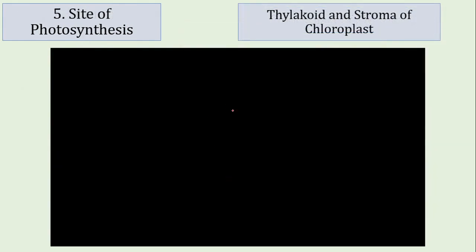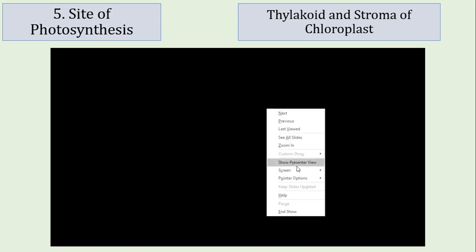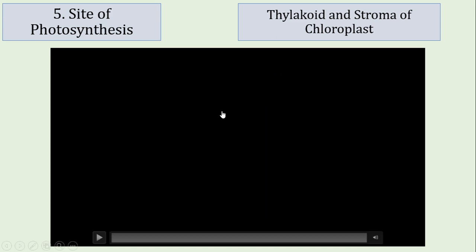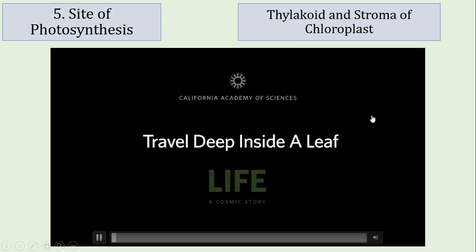Now we will examine the thylakoid and stroma, the organelles inside the chloroplast. We will travel inside a leaf.